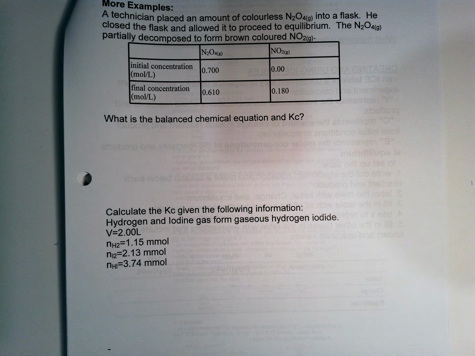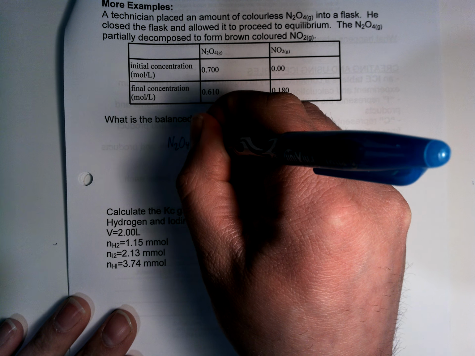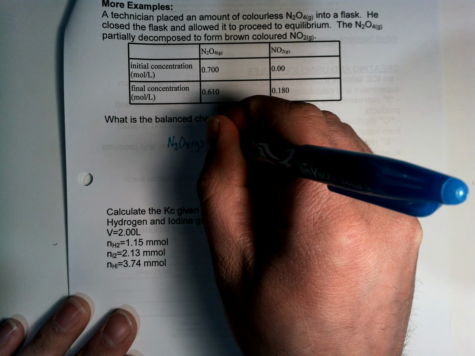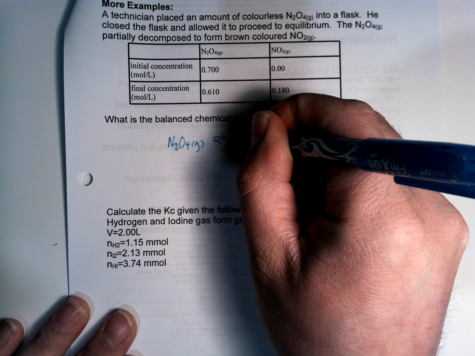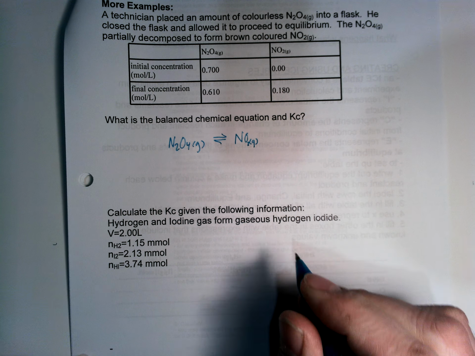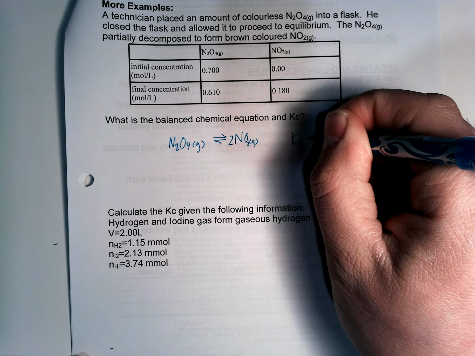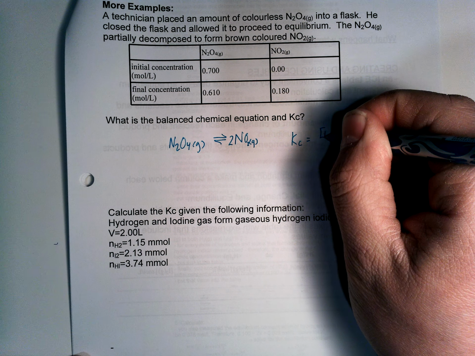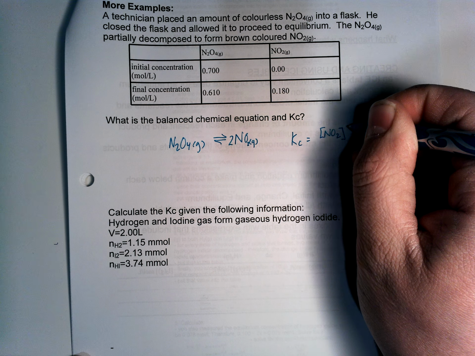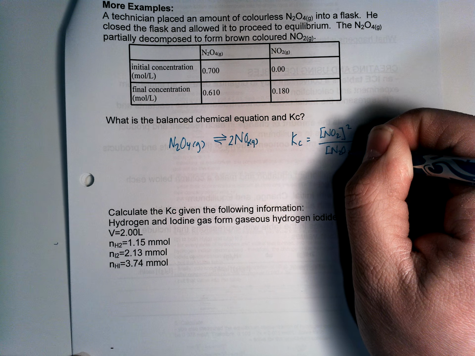Our chemical equation: we have N2O4 gas producing NO2 gas. We need to balance it, so we just need a 2 here. Our Kc is going to be NO2 squared over N2O4.